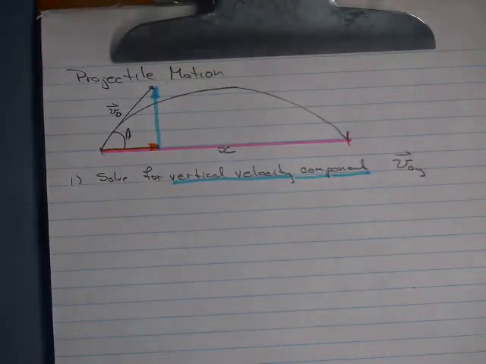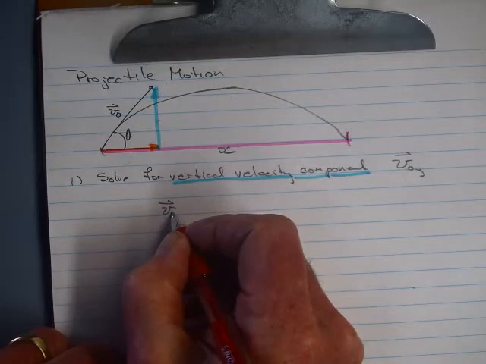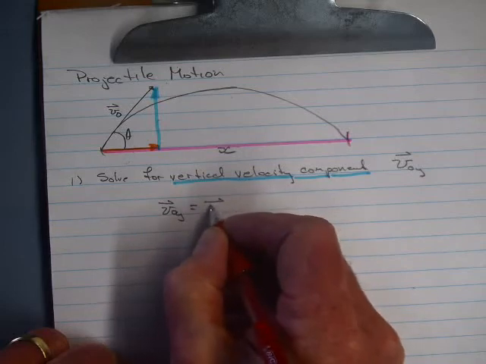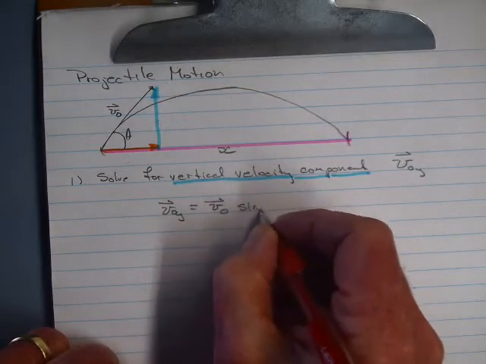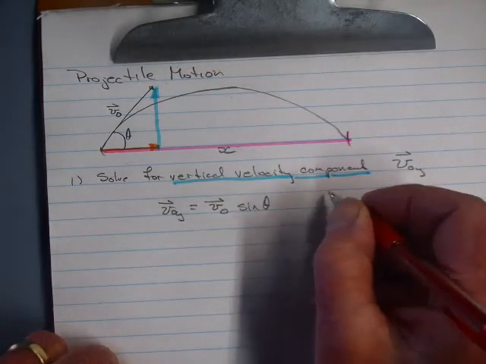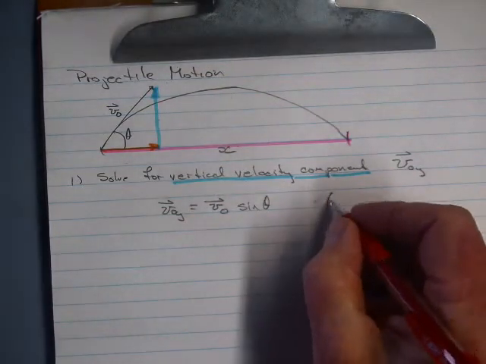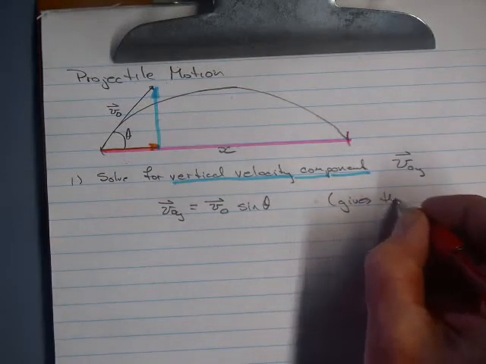So V naught y is equal to V naught times sine theta. And so at this point, just as a mental thing, where am I in the process? This gives me the vertical speed.